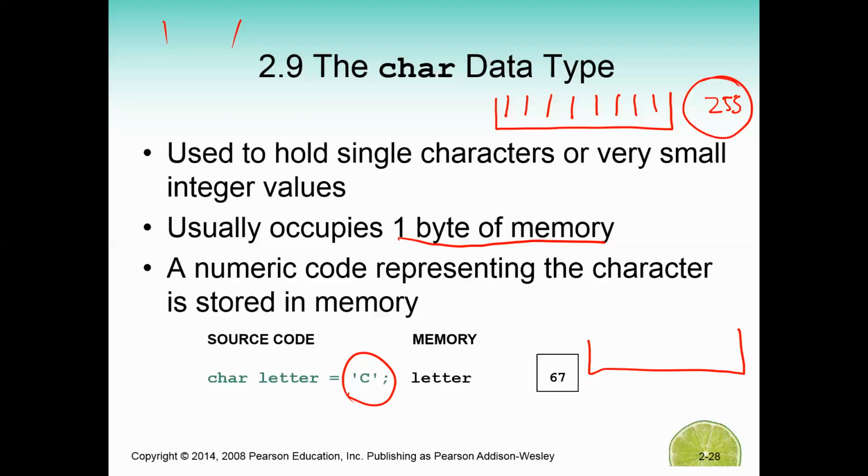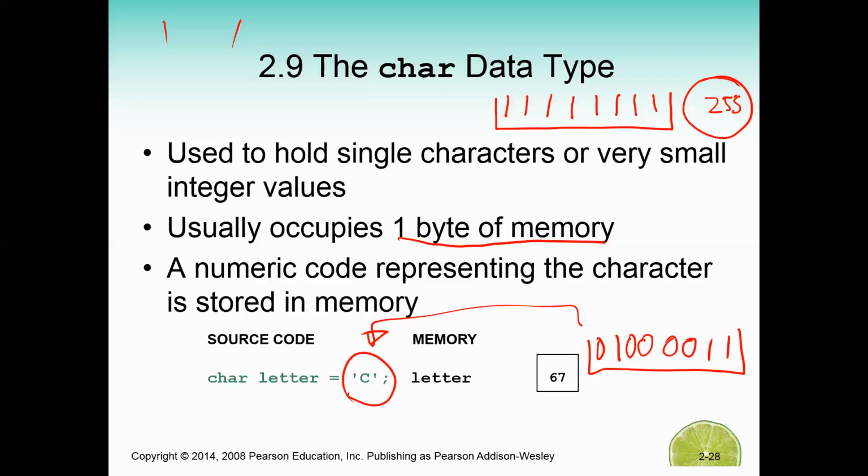So those are the signals that are going to be representing the letter C: on, off, off, off, off, on, on. And that is representing the capital letter C in main memory.